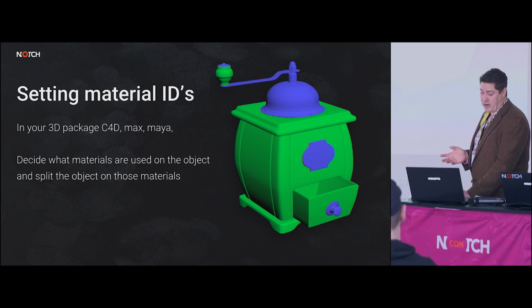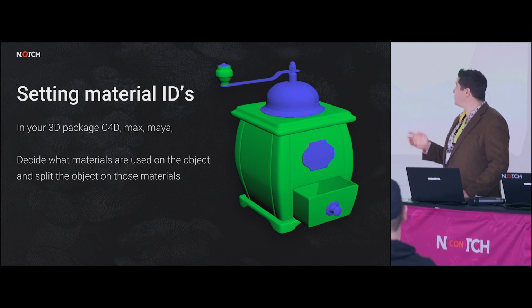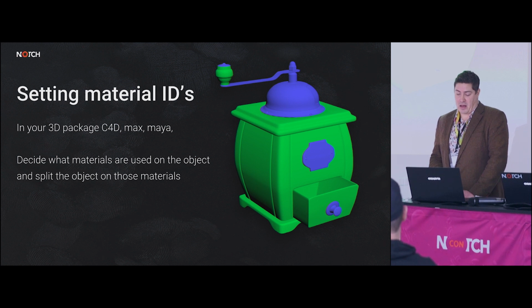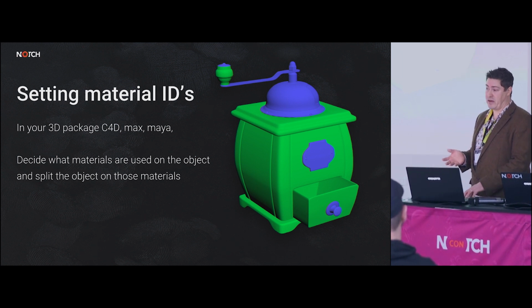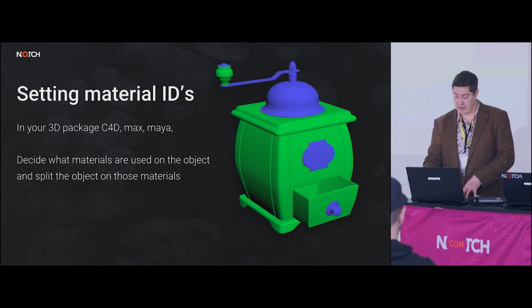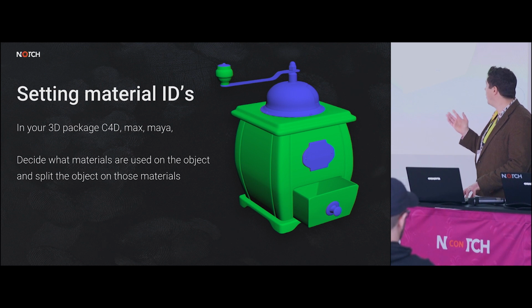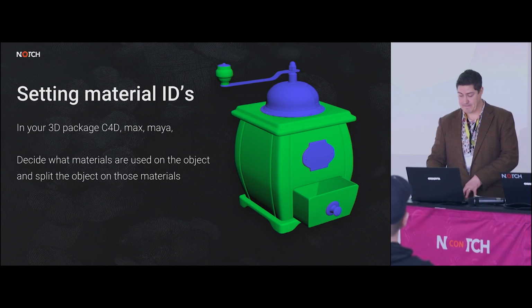Obviously, the coffee grinder, if you saw it in the last image, is mainly made from wood and metal. So we split these materials up. The polygons that are wood, I've set to green for a visual reference. It could be any color. And all the polygons that we want to be metal, I've highlighted in blue, just to give you a visual reference so you know the polygons are on the right surface type.